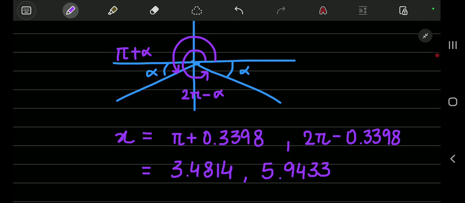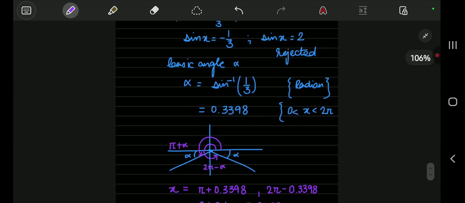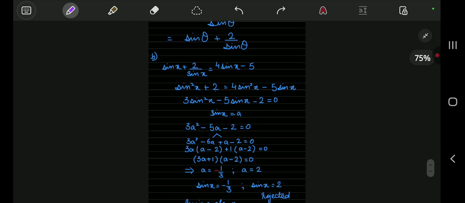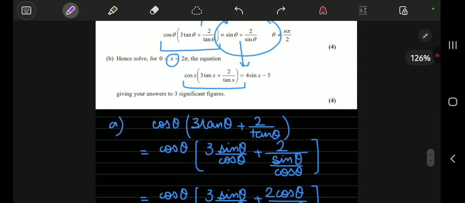So these are your two solutions. We are not going to take the first angle. Why? Because sine is not positive, so we are not going to take the first quadrant angle, just these two angles. So these are the two solutions.